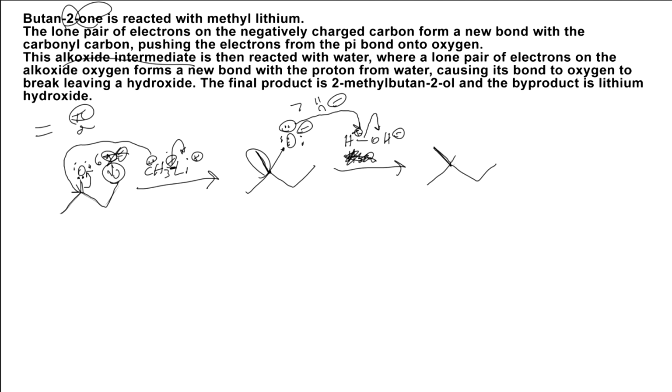And then now, this is going to have an OH because this proton here went and bonded with the oxygen, and in this sense, we actually got an alcohol, hence the 2-ol, an alcohol at the 2 carbon, with also a byproduct of that lithium coming back in and bonding with the hydroxide. So that is our entire reaction mechanism with all the steps shown, and that basically fulfills everything we had to do for this reaction.